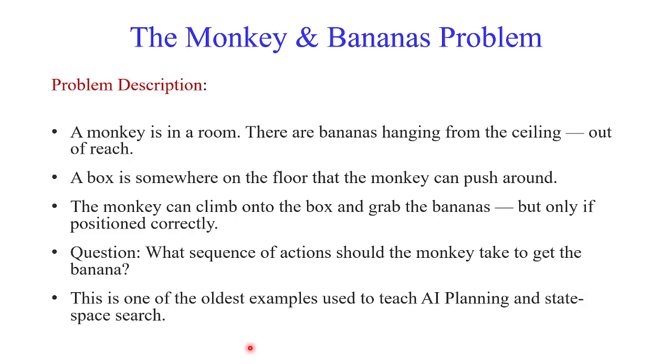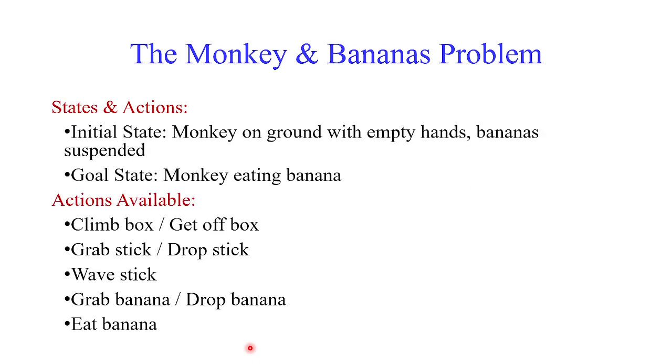So this problem is one of the oldest examples used to teach state space search. Now you can imagine a room with bananas hanging and a monkey trying to push the box. Now we'll discuss the states and actions.